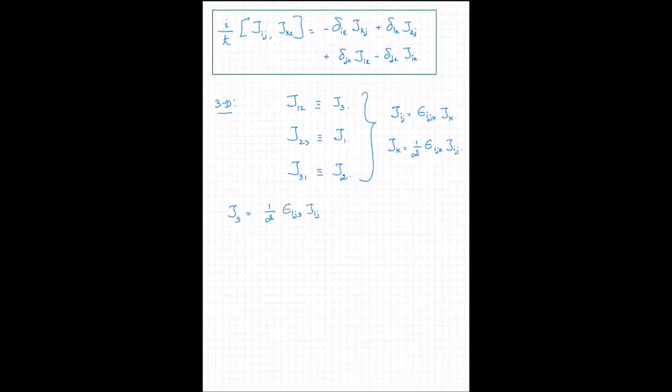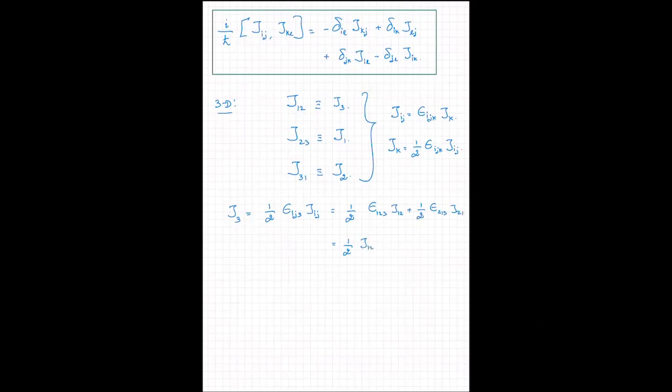So one of the indices is fixed. So i can be 1, j can be 2, or i can be 2, j can be 1. So I have two possible combinations. So this is equal to 1/2 epsilon_123 J12 plus 1/2 epsilon_213 J21. But epsilon_123 is just 1, so this is 1/2 J12.